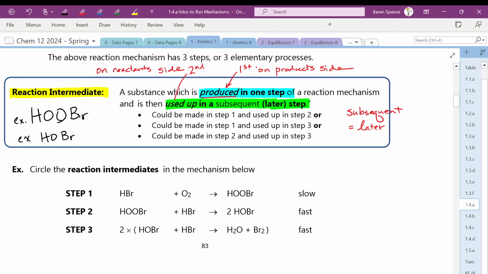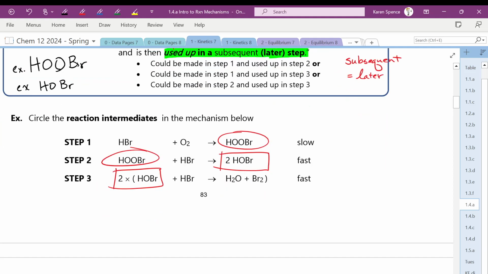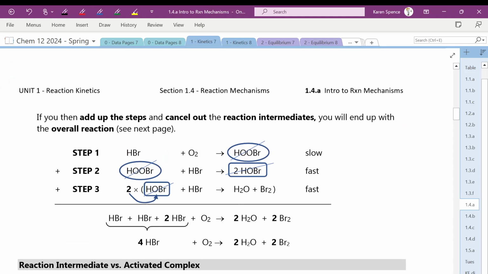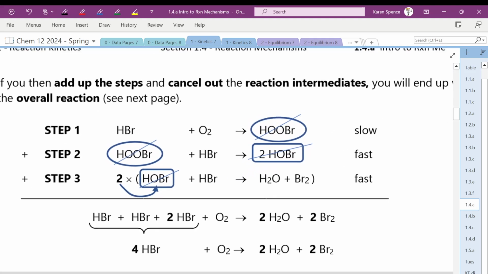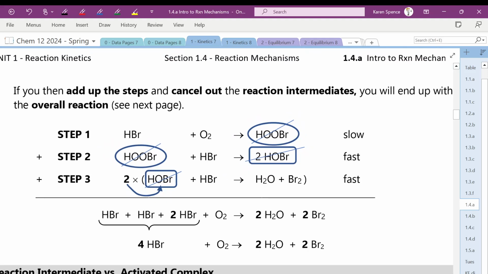So we've already done this. We have circled the reaction intermediates here. We have our HOOBr and we have our HOBrs. Now, on our next page, if we have circled these and we add them up, it's very much like adding up mathematical equations. You know how you add mathematical equations and you cancel things that are on opposite sides and add up things that are on the same side? It's exactly like that.